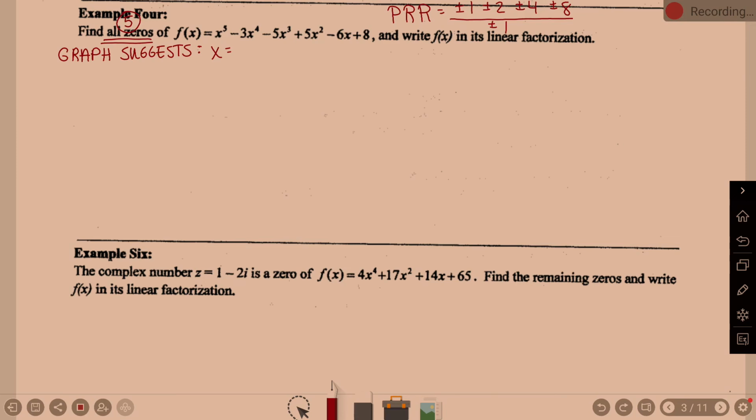So it looks like it's going through 3 nice, neat whole numbers that happen to be from my PRR list, even better, right? -2, 1, and 4. And if you're not getting that, my guess is you didn't type it into the calculator, right? No, I haven't graphed it yet. However, that's what I have in my notes, okay?